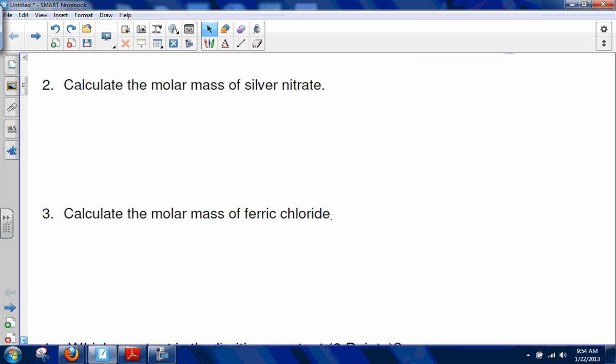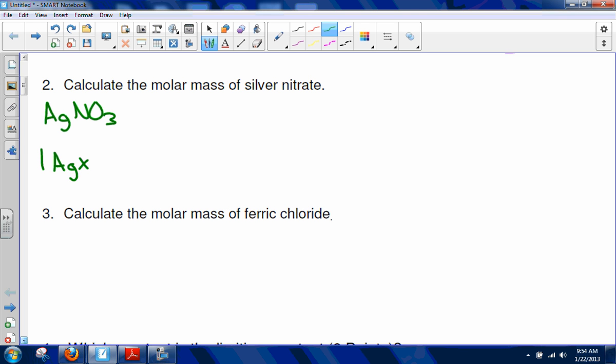Okay, so we're going to start with silver nitrate. That's AgNO3. So I have 1 Ag times, what's the mass of silver? 107.868. Plus, I have 1 nitrogen times 14.007.